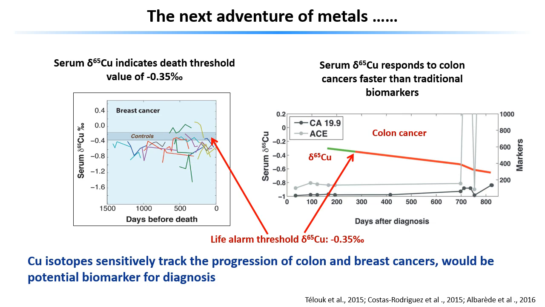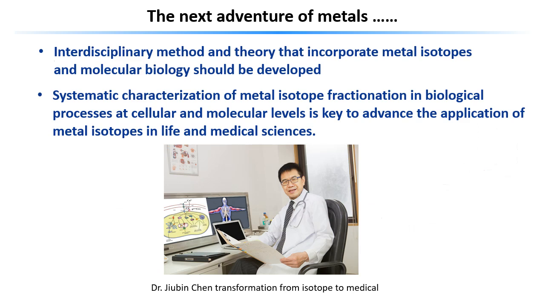If this threshold holds also for colon cancer, the serum delta 65 copper, we can see, responds much faster than traditional biomarkers here, for example CA 19-9 and CEA. I don't know what they mean, but anyway, copper isotopes could be a potential biomarker for diagnosis of severe diseases, for example, cancers.